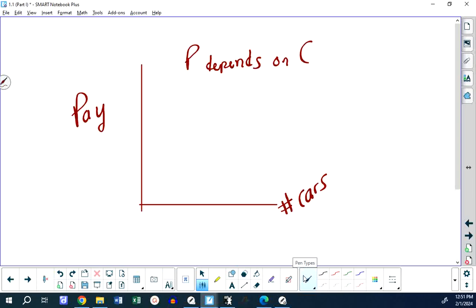So if this was 200 and 400 and 600, and this was 1 car, 2 cars, 3 cars, you would have the following points, roughly. But they would be in a straight line. Are you with me? Why can't I draw a line through them?